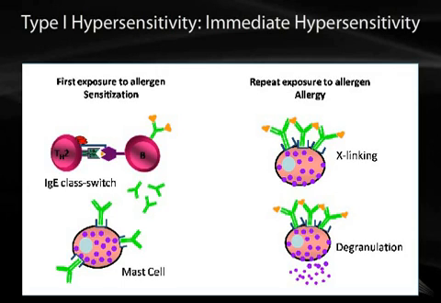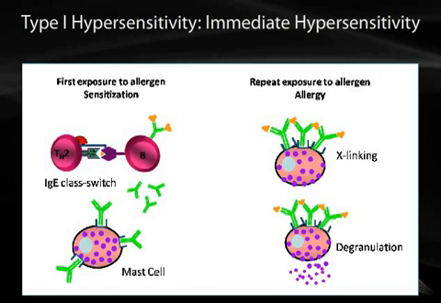When you have this cross-linking, that activates the mast cell and causes degranulation. What's in these granules? Again, things like histamine. So picture this mast cell in your nose with these IgEs already bound to it.